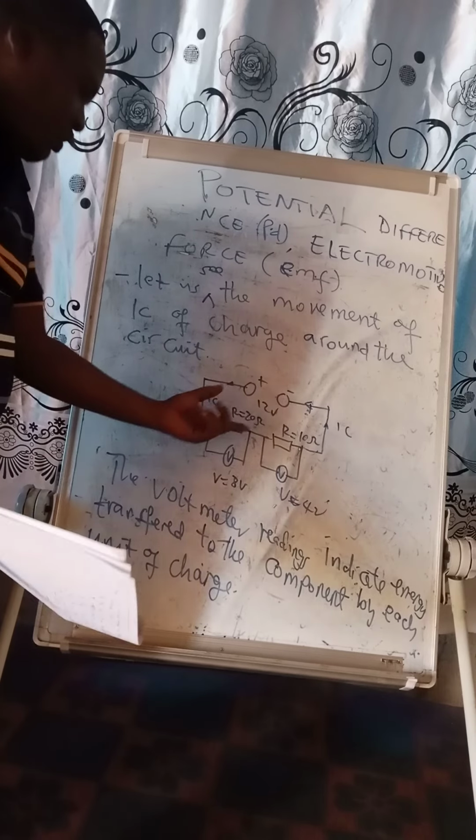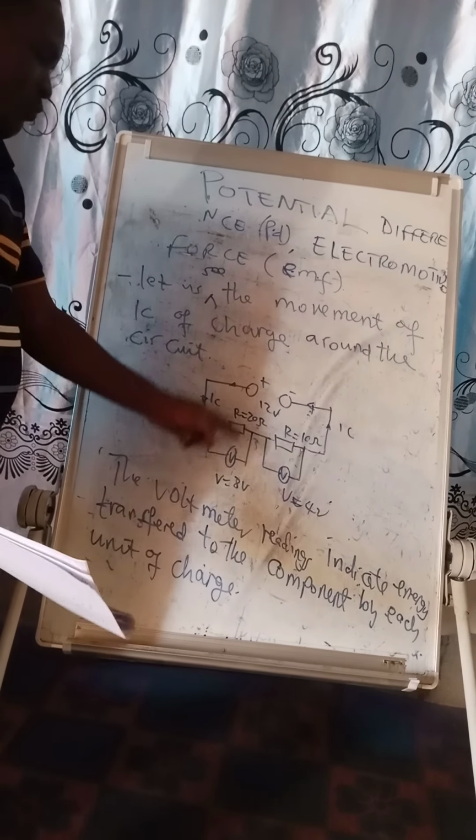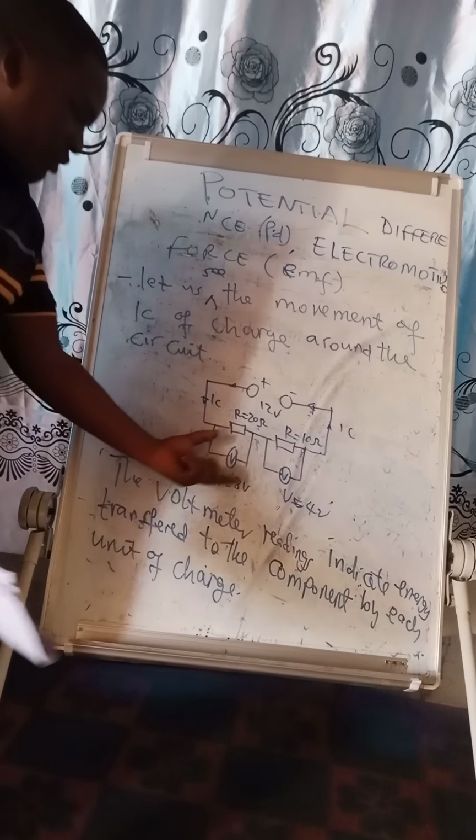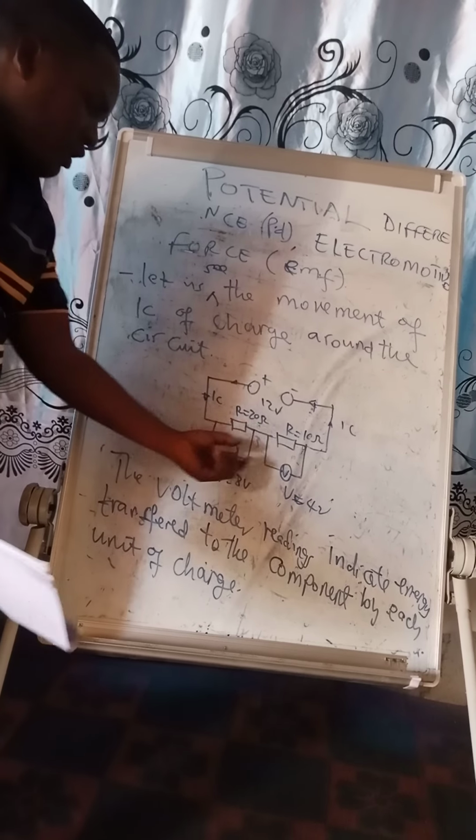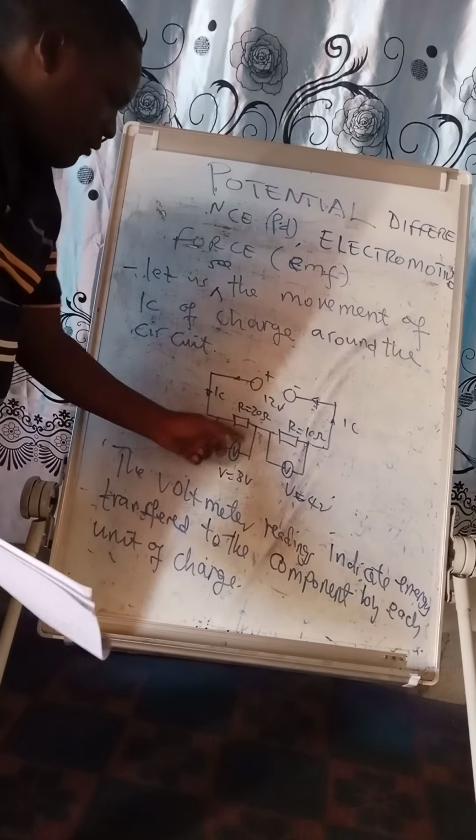That energy lost is what is called PD. So PD, potential difference, happens in a resistor. So here there is a PD here and here.